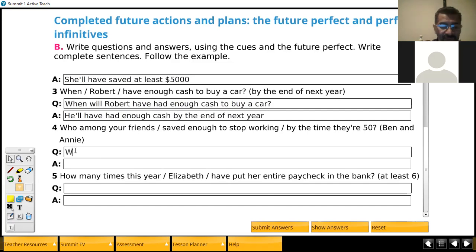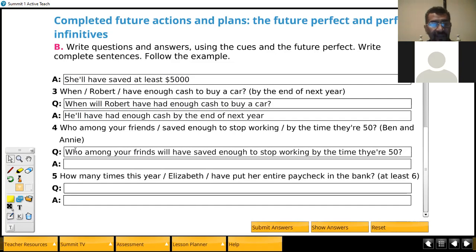Excellent. Number 4, who? Who among your friends will have saved enough to stop working by the time they are 50?